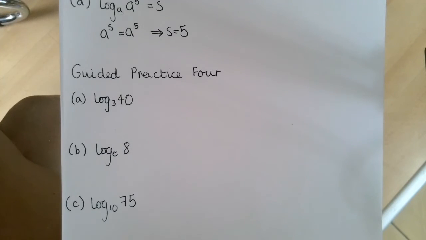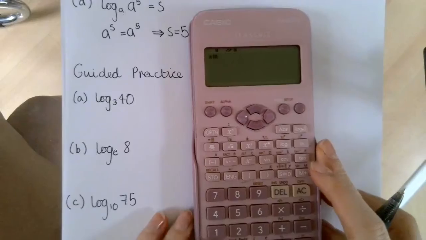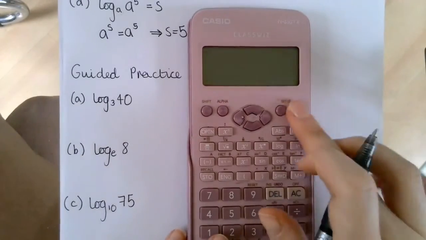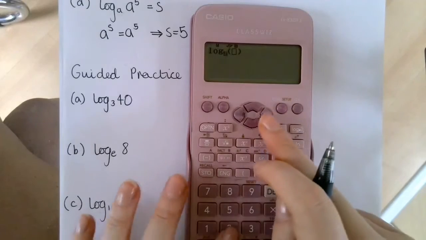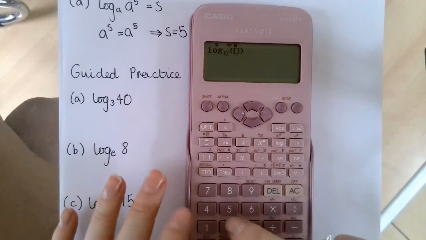For the final guided practice, we're now going to be using our calculator and deciding which logarithm button we're going to use. Now, on the slide for the guided practice, you've been given a little information box about the different buttons on your calculators. So, if you look at your calculator, you've got this button here on the top right, that log button, where you can put in any base and then any number there.